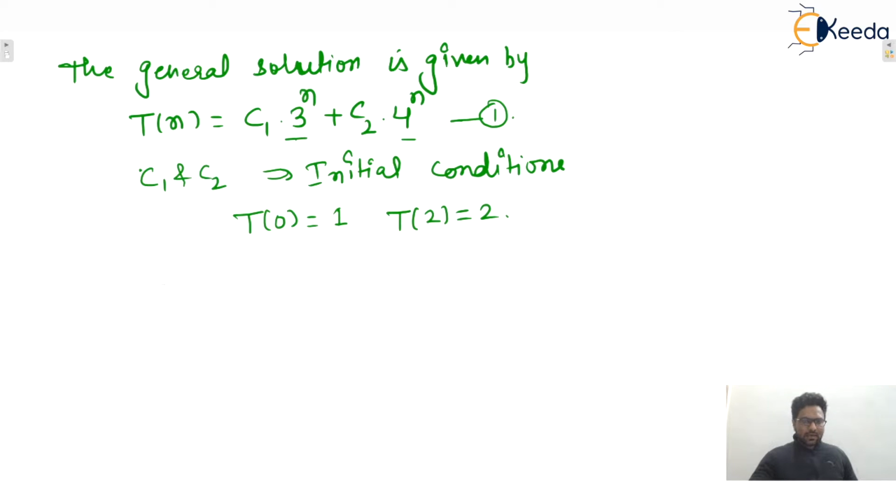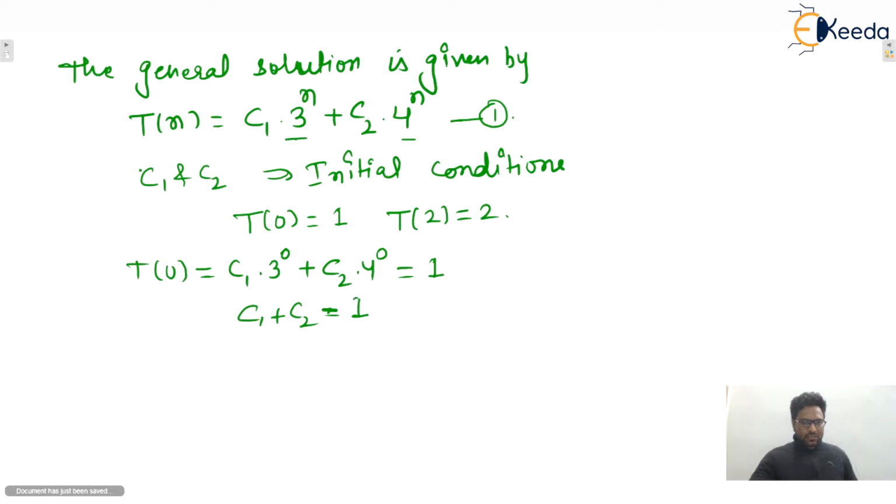So put this in the equation 1. So we get t of 0 equals to C1 into 3 raised to power 0 plus C2 into 4 raised to power 0, that is equals to 1. So C1 plus C2 is equals to 1. I hope this one is clear to you. Okay. Next one you only tell me, second initial condition is t of 2.